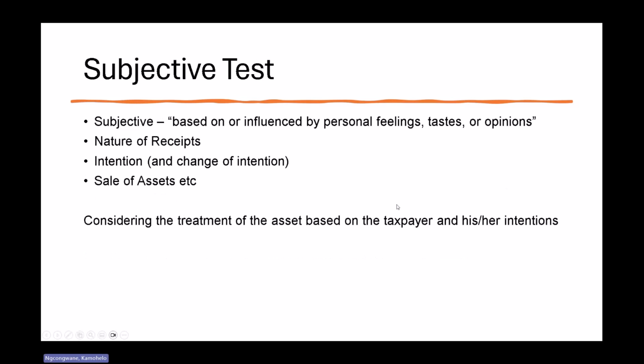Then we go to subjective. It's based on or influenced by personal feelings, tastes, or opinions. It's not based in fact, it's based in my own thinking, my own feelings, my own thoughts about something. Now, when I spoke about this last week, the one part I mentioned was how you treat an asset, your intention. When I buy this asset, am I buying it to hold as a capital asset, or to hold as trading stock that I buy and sell?